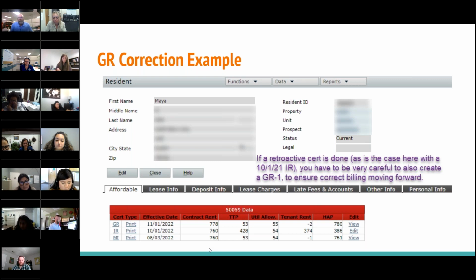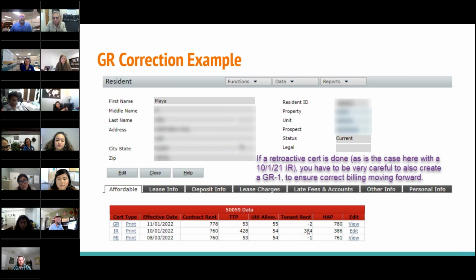If we think about this from a ledger perspective, they were charged -$1, which is really Natalia's sending out a $1 check to them every month for August, September, October. If we get this cert signed, then they're going to be charged $374 retroactively for October. But then the issue is starting November 1st, they go right back to -2.